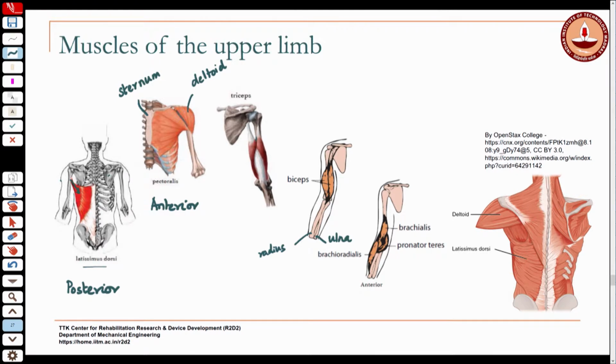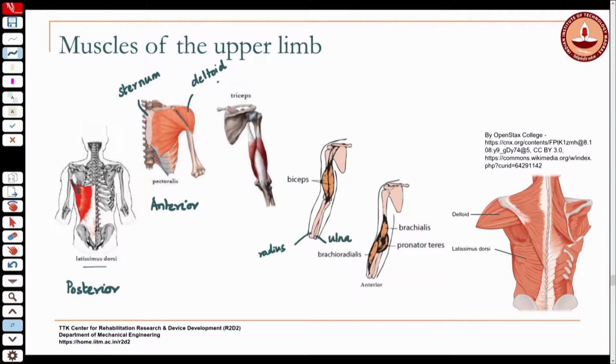The deltoid muscle, can you guess what movement it would affect at the shoulder? There are actually three portions of the deltoid muscle. The one in the middle affects abduction. So, it will cause shoulder abduction.